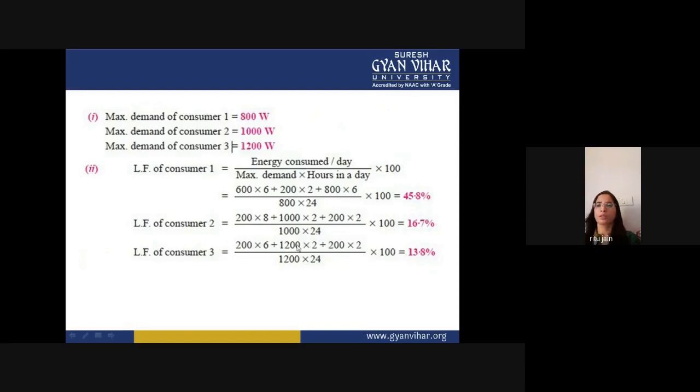So easily you can calculate the load factor for consumer 1, consumer 2, and consumer 3. For consumer 1, it is 45.8%. For consumer 2, it is 16.7%. For consumer 3, it is 13.8%.